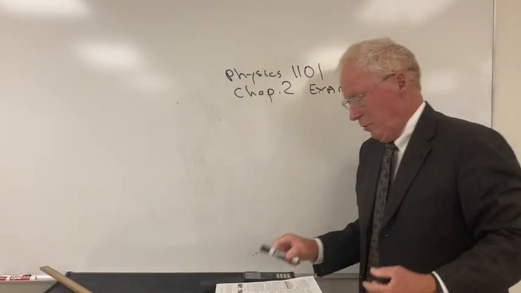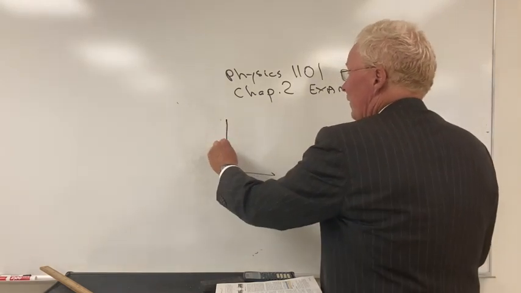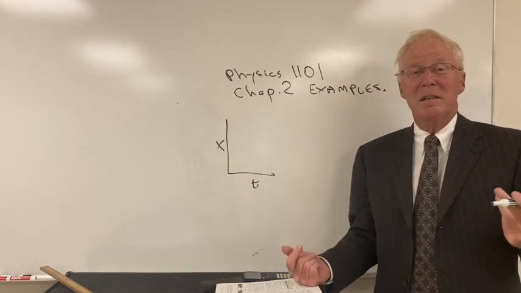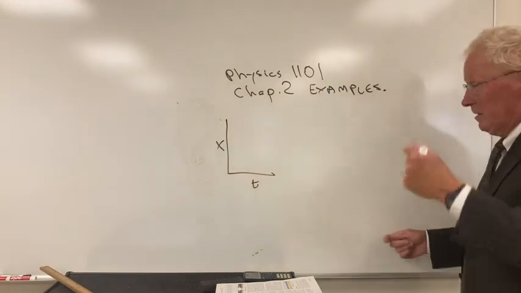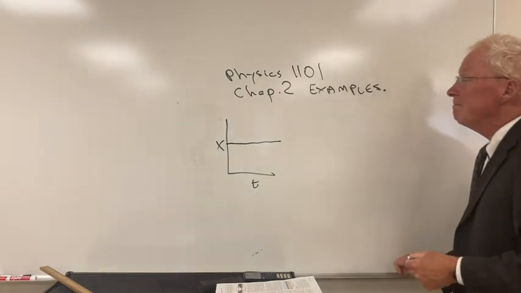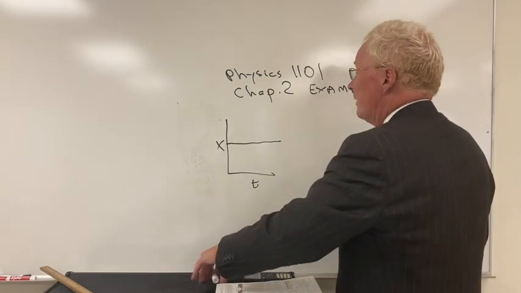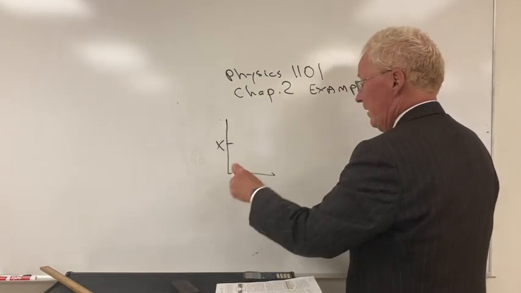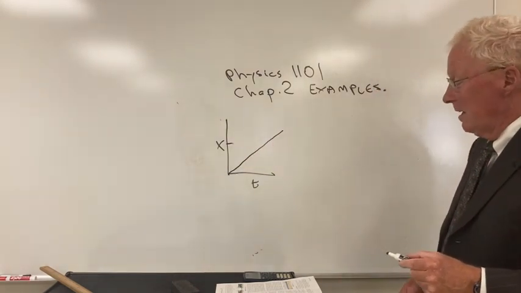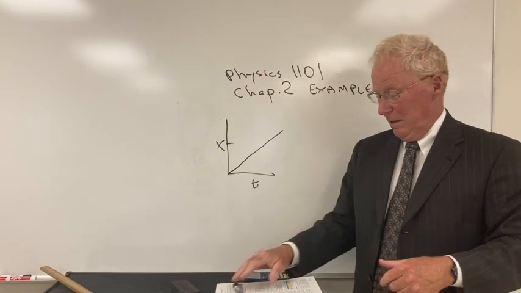So what we mean by increasing speed is that if we plot the graph of x versus t, say a falling object, now let's say x versus t. If an object is not moving at all, it's going to do something like that, right? If it's moving with constant velocity, it'll be doing something like that, right? Now, if it's accelerating like an object in free fall, so if I just drop it, what does it do?